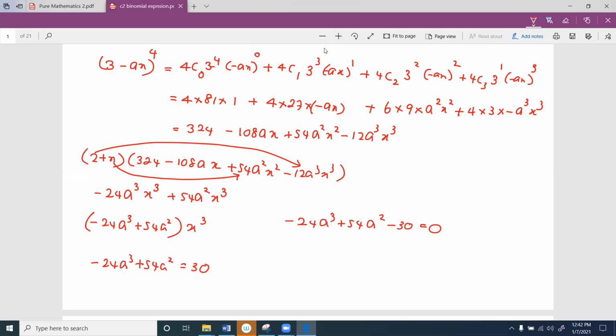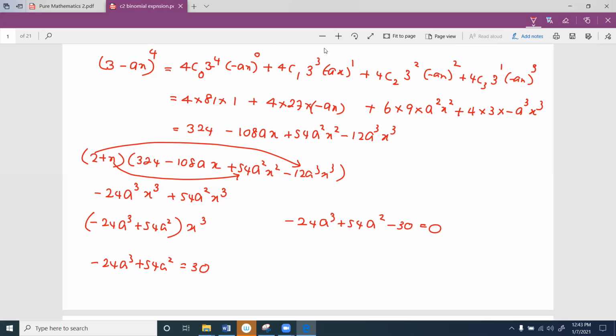This is fine. 6, 9, and a²x². 4C2, right? Okay, it's 6, it's 9 and a²x². That's correct. 4C3 is 4. 4 into 3 times of minus a³x³.